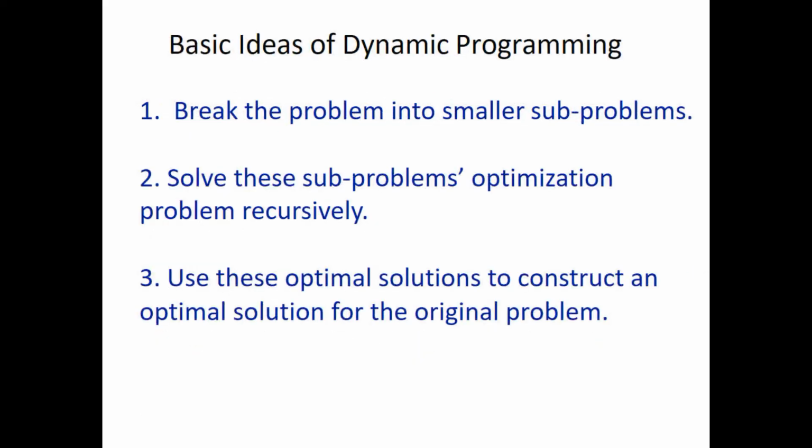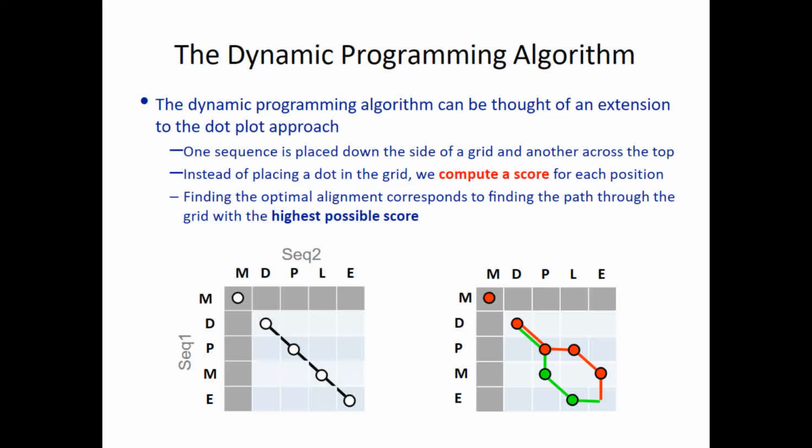The basic idea of a dynamic programming algorithm is to divide a complex large problem into several small problems. Then, by finding the optimal solution for these small problems one by one, the optimal solution of the original large problem is finally solved. Now, let's take a look at how to use the dynamic programming algorithm to solve our alignment problem.